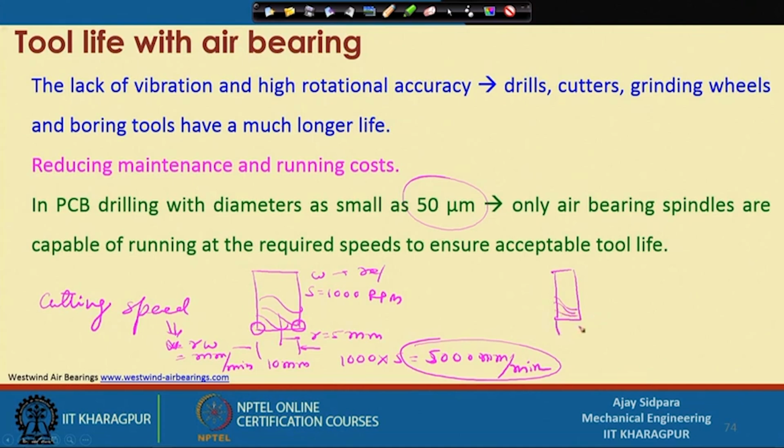Let us not go into too much micron detail, but let us consider 1 millimeter only, and again we are getting the same thing. If you want to maintain this 5000 millimeter per minute, we have the formula again, V equals r omega, so 5000 equals, now our radius is reduced to 0.5, as our diameter is 1 millimeter.